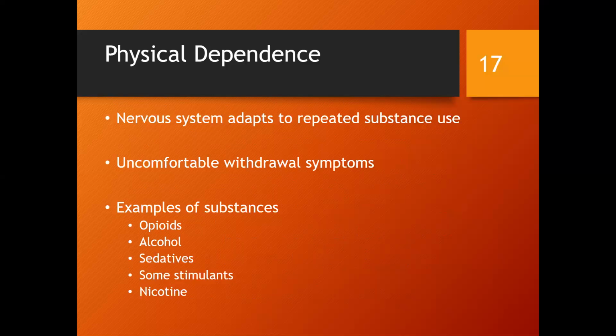So you can have uncomfortable withdrawal symptoms such as hypertension or high blood pressure, high heart rates where it feels like your heart's going to pound out of your chest. You have tremors, hallucinations, bugs crawling on the walls, things like that. Some examples of substances that you can become dependent on are opioids, alcohol, sedatives, some stimulants, and nicotine. You're all pretty familiar with that.